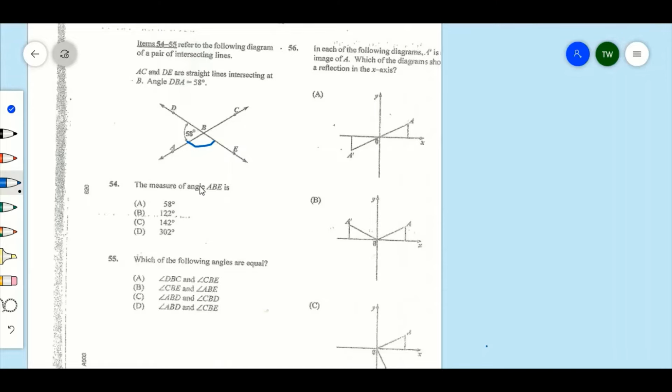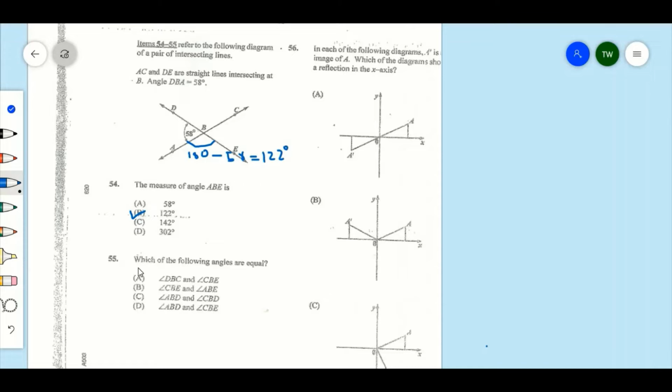So clearly angle ABE is going to equal 180 degrees minus 58 degrees, and that's going to leave us with 122 degrees. All right, so our answer for 54 is going to be B.